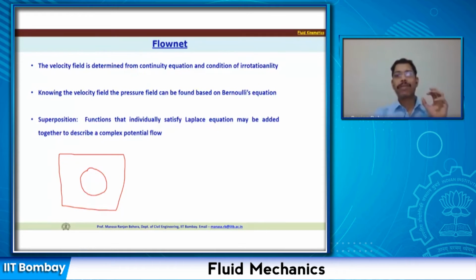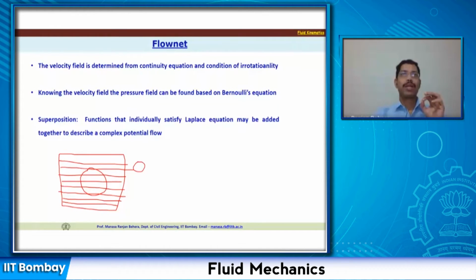If I am solving for the phi function, I will first use the phi function to solve the flow completely in the domain that is here, the rectangle. So I have a phi function, let us say phi1. Now for the circular domain, that's the island, I will again solve the phi function, and this may be phi2.